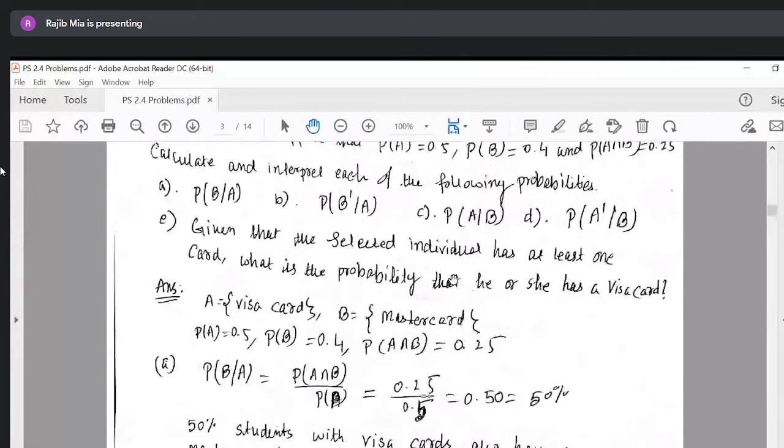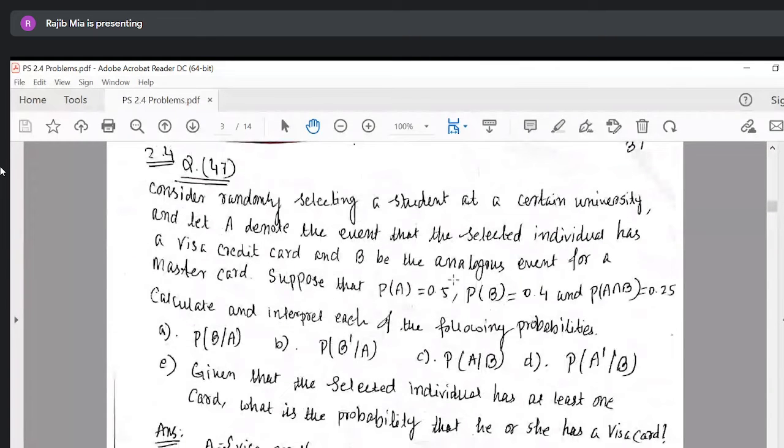Yes. So I have already given the question number here. Question number 47. So you can see also the book, textbook.